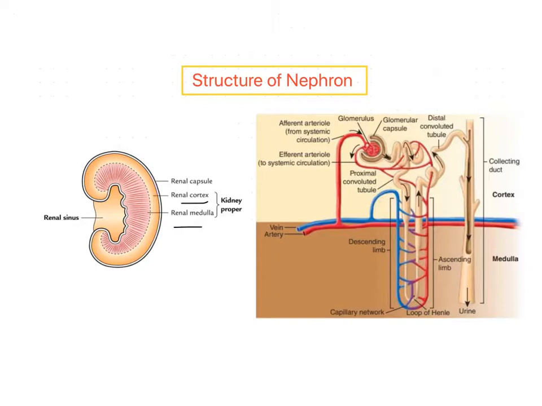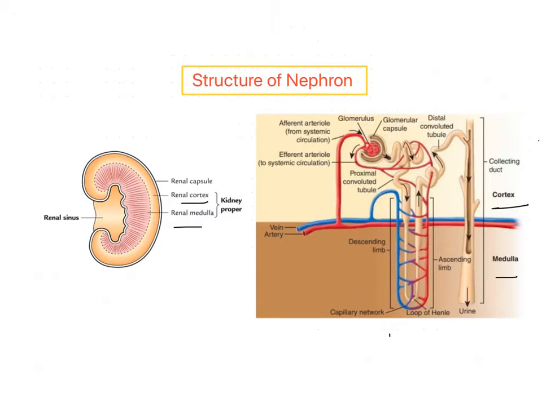The cortex mainly consists of the secreting part, while the medulla consists of the conducting part. The secretory part and the collecting part together constitute a nephron. The nephron is the functional unit of the kidney.